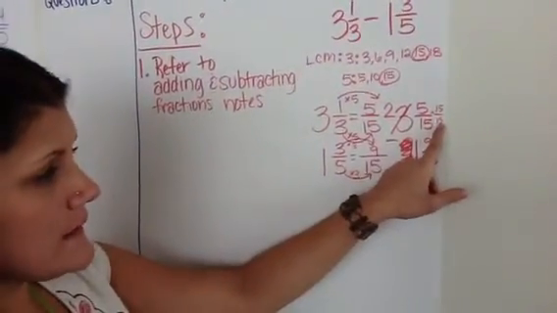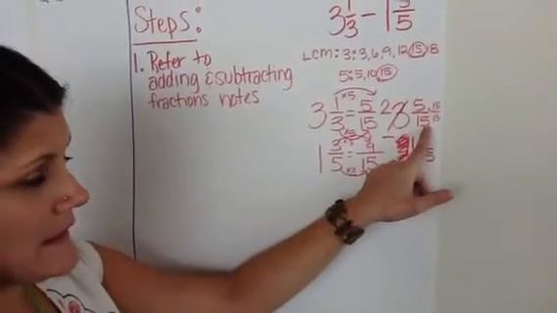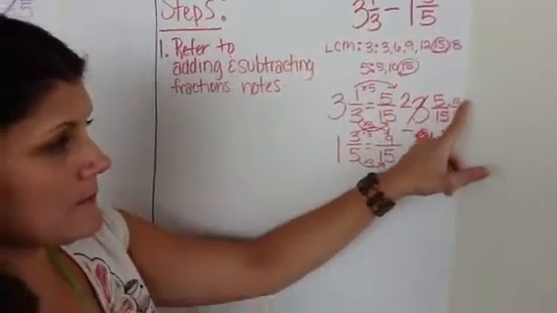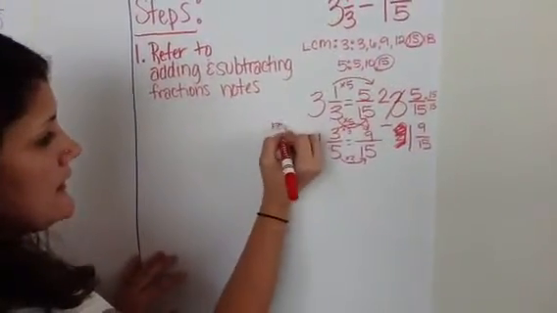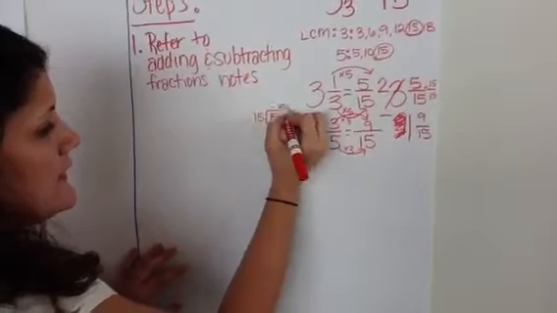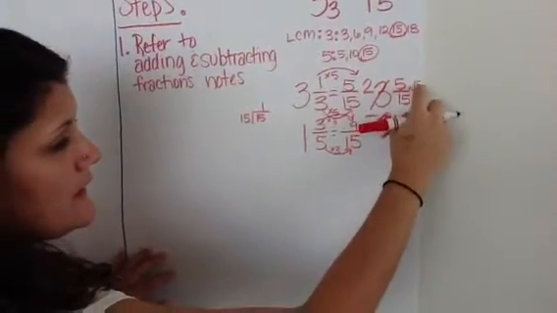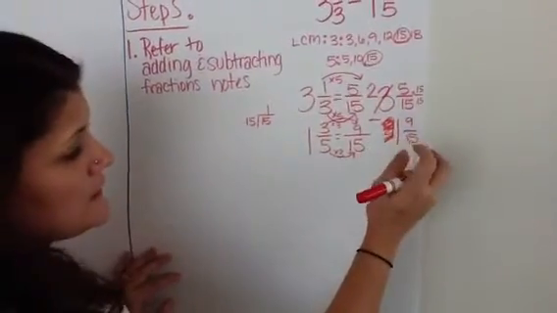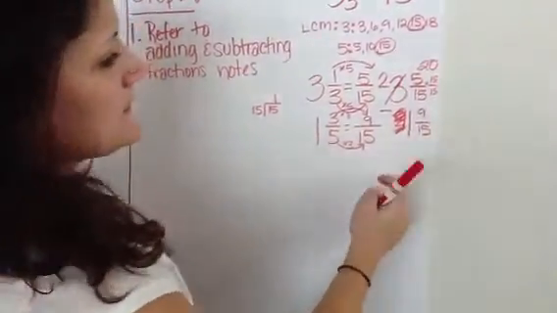I use 15 because the denominator is 15 and I want it to be the same. If I put the same number on the top, that is equal to 1. Remember, if you divide 15 by 15, that's equal to 1. So then I add those two together, and that gives me 20. That looks a little messy.